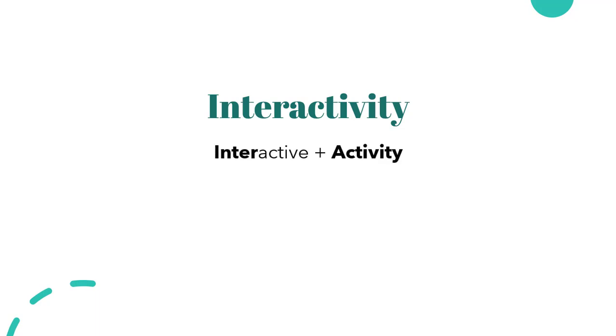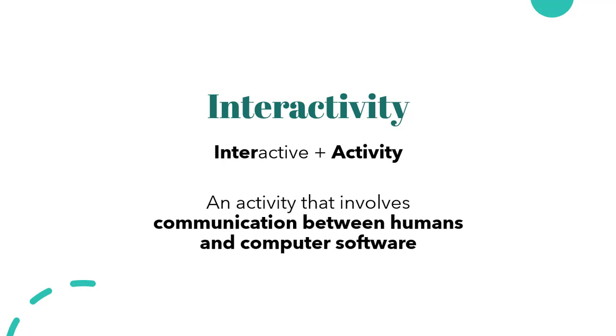The word interactivity comes from 2 different words, interactive and activity. It's a combination of these 2 words. And the word interactivity is used as a noun. It refers to an activity that involves communication between human beings and computer software.